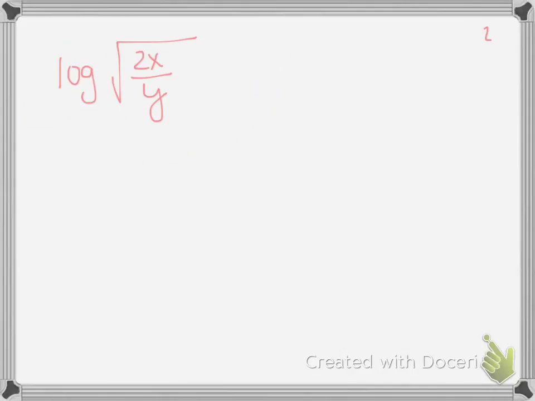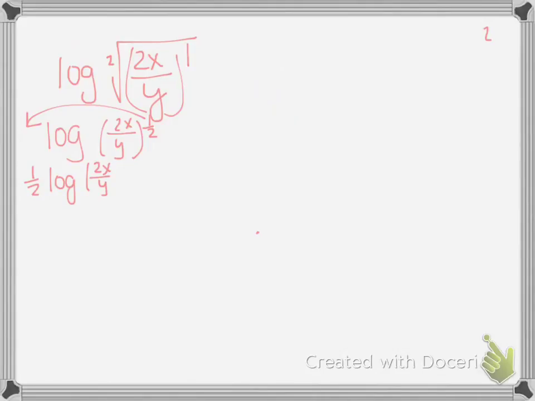Okay, my next one, if you remember, square root has a little 2 out here. All of this is to the first power. So if I wanted to rewrite this, this is 2xy to the 1/2. Square root means the same thing in exponential as 1/2. So you can follow suit the exact same way that we have been doing, in which case you could bring the 1/2 to the front, in which case it's 1/2 log of 2x over y, and then we split it.